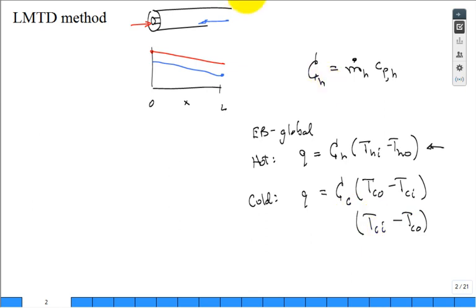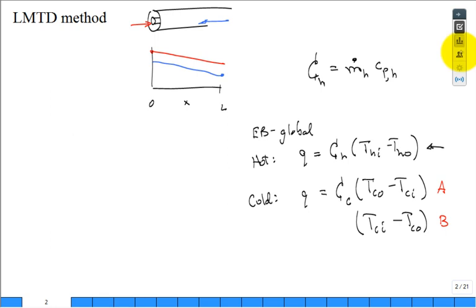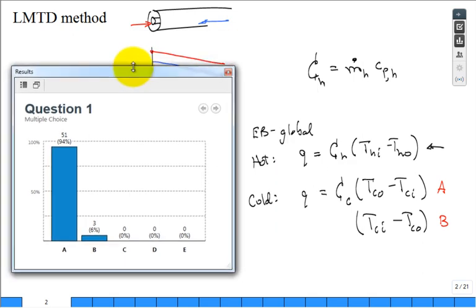I'll start with my first clicker question, answer A or answer B. You could change your answer if you like. So let's ask this. What's happening to the cold fluid? It's heating up. So which is the higher temperature? The cold fluid out.